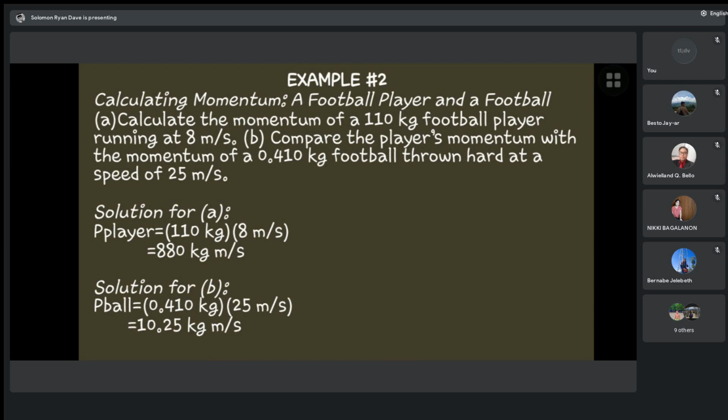Solution for A: momentum of the player equals 110 kilograms times 8 meter per second, which is 880 kilogram meter per second. Solution for B: linear momentum of the ball equals 0.410 kilogram times 25 meter per second, which is 10.25 kilogram meter per second.